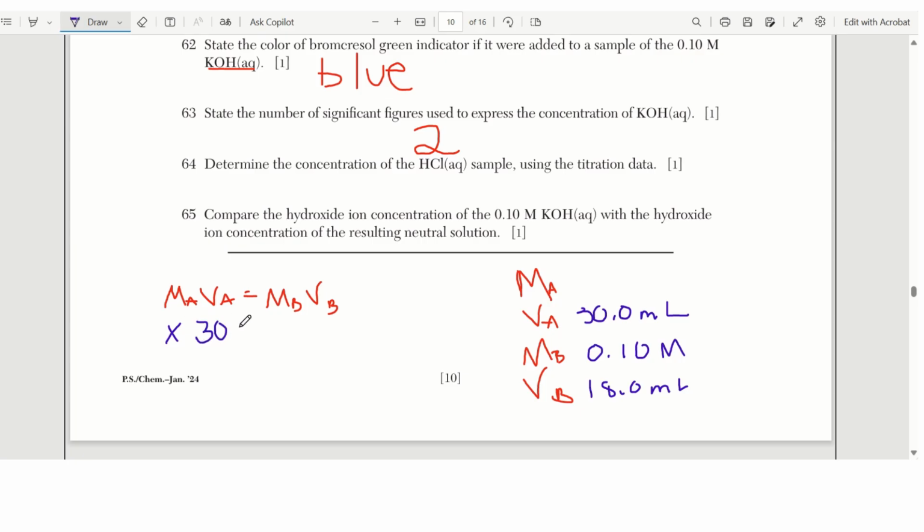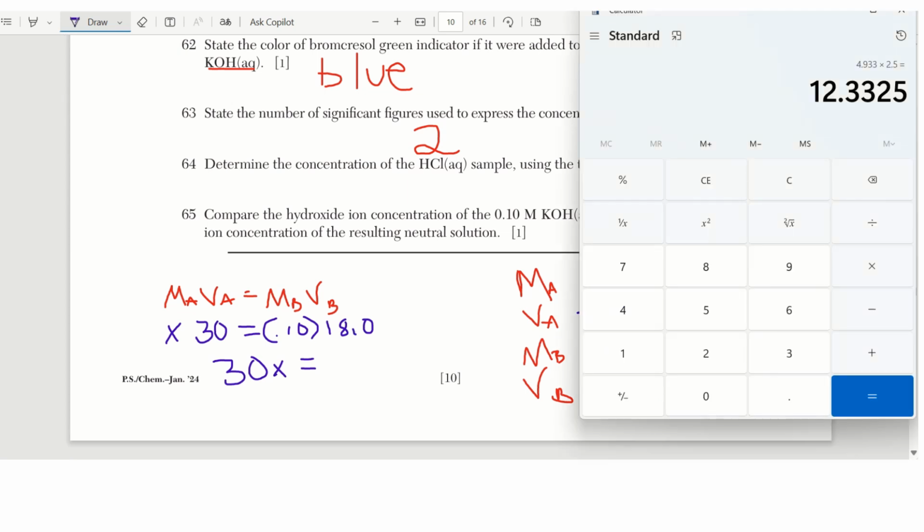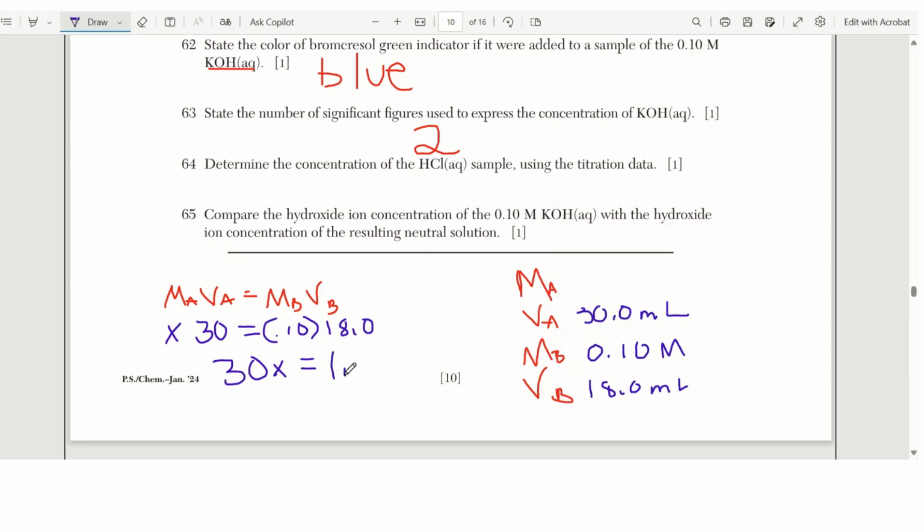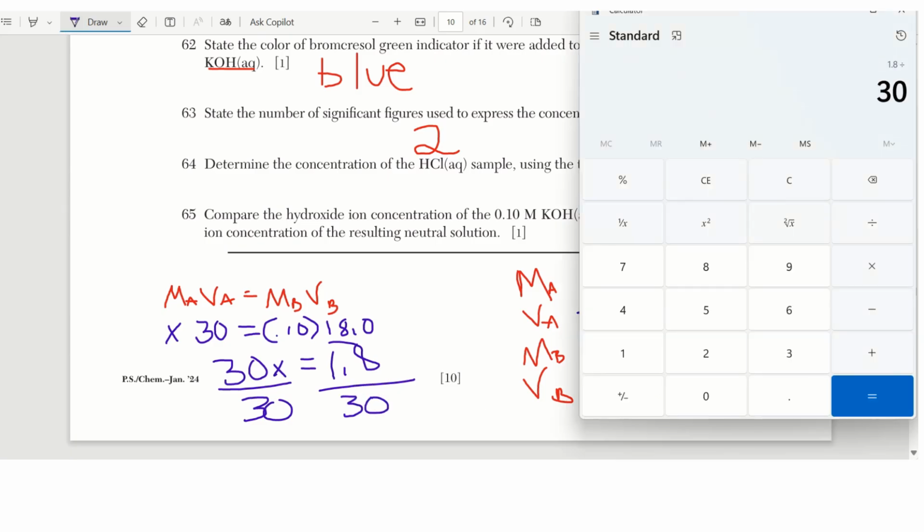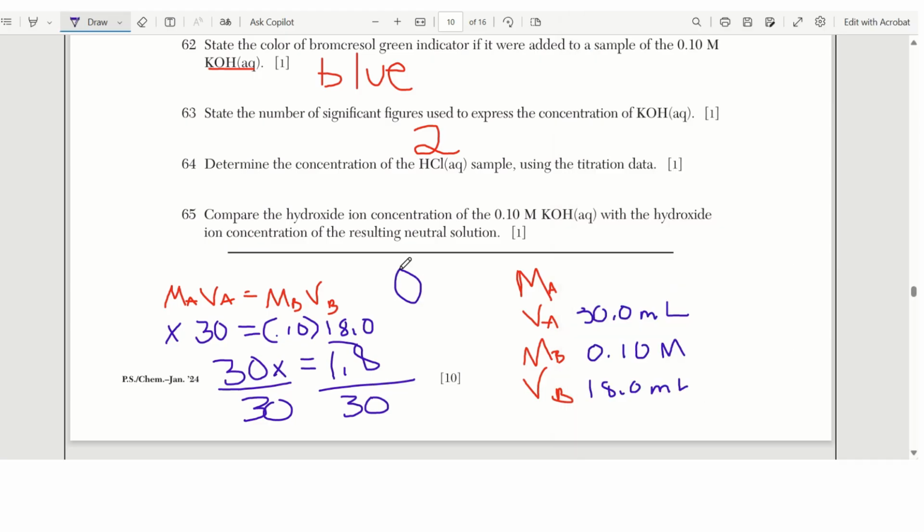Times 30 equals 0.10 times 18.0. So this is 30x equals, what's 18 times 0.1? 1.8. Divide both sides by 30. All right, so 1.8 divided by 30 equals 0.06 mole. There is my answer.